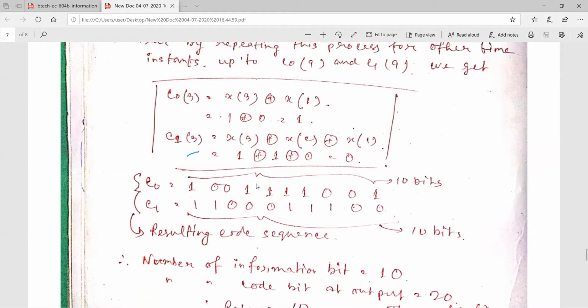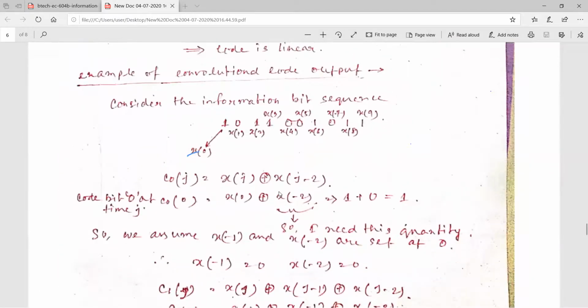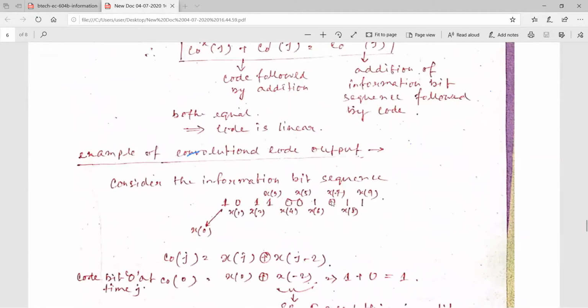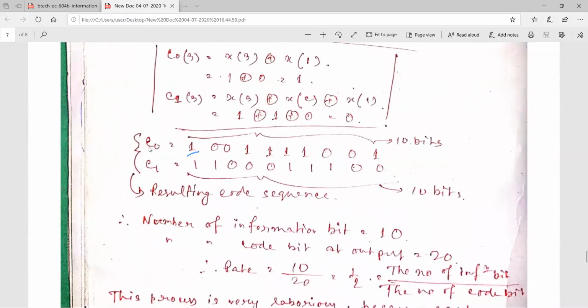These are the total encoded bit sequences from one information bit sequence. From one information bit sequence we have generated two coded bit sequences, C0 and C1, that means for the 0 bit and the 1 bit.